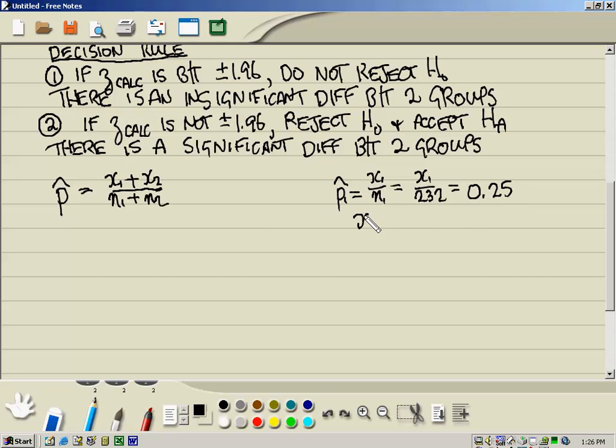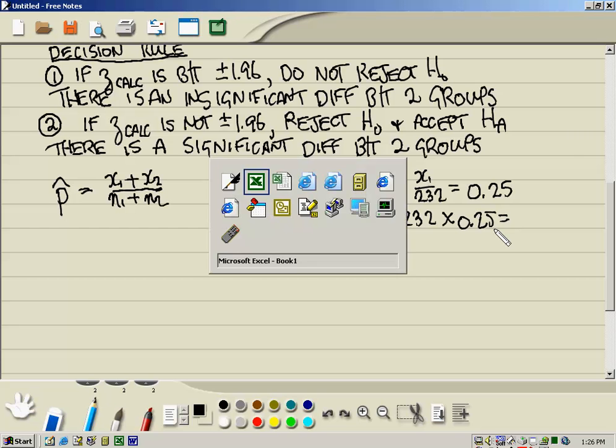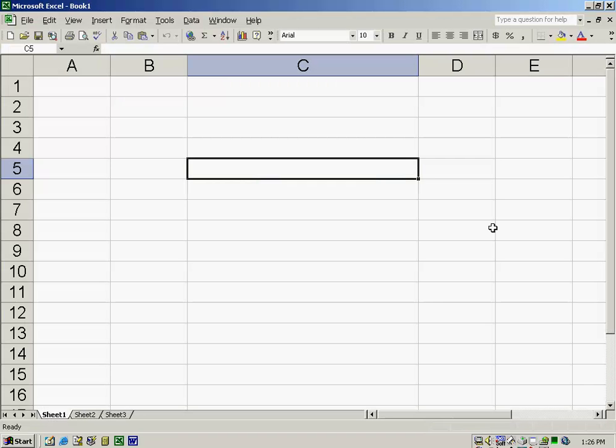So rearranging that formula, we'll have that x1 is equal to 232 times 0.25. Let's go to Excel and work that out. That's equal to 232 times 0.25, and that's 58.